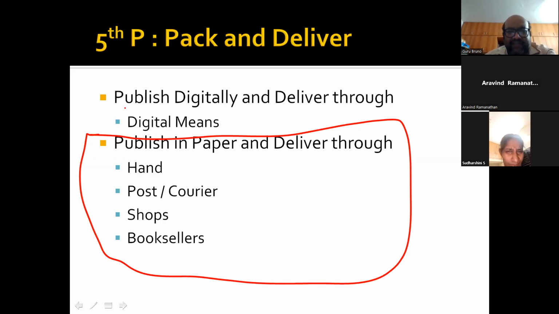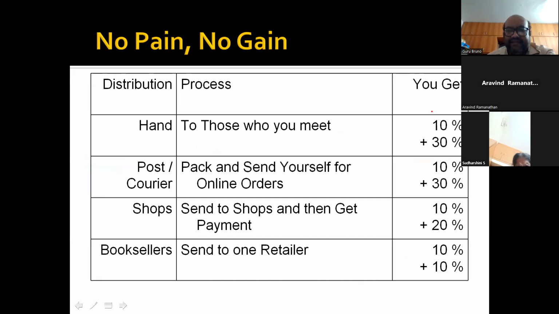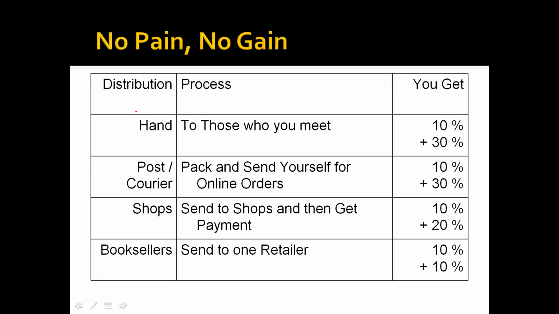When you are packing and delivering, you can publish digitally and deliver through digital means, or you publish in paper and deliver through hand, post, shops or booksellers. The difference will be here. If you are distributing by hand, you can give only to those who you meet, and in that case, you get this 10% author royalty and you get this 30%.